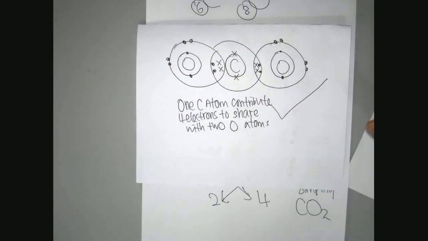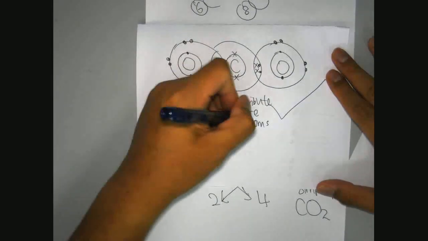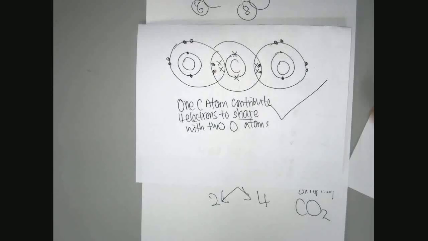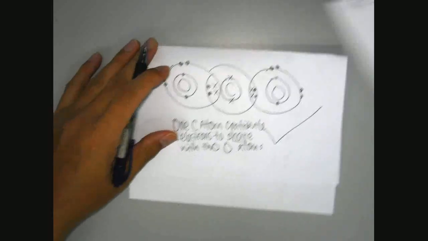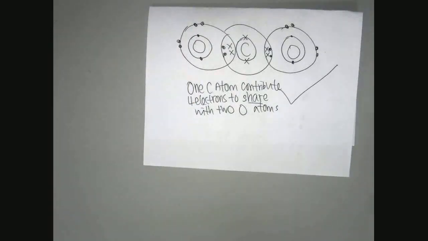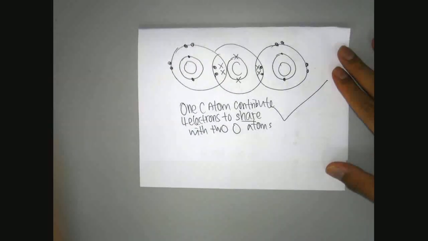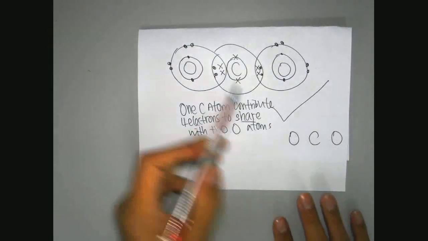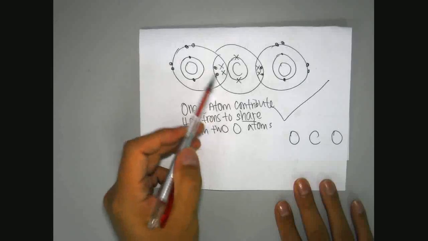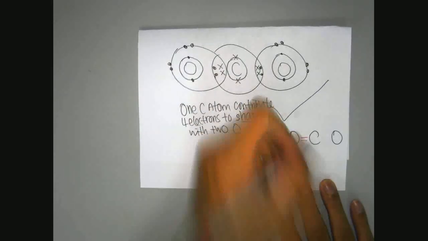Now when you share the electrons, we know you form a covalent bond. But please remember again, a covalent bond can be a double bond, and can also be a triple bond, so we must be very specific. We look at this diagram: we have a C, an O and an O. We have 2 dots and 2 crosses coming together, so that is a double bond.